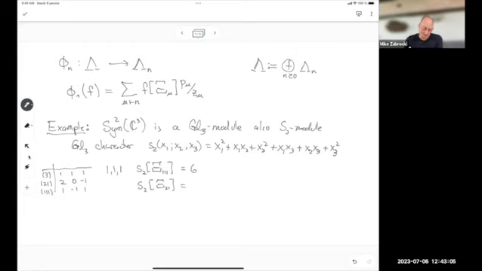And this one has eigenvalues 1, -1, and 1. And if I plug in to S2 of x1, x2, x3, I get 2. And then my final one, I have 1, zeta 3, and zeta 3 squared when I evaluate at S3.